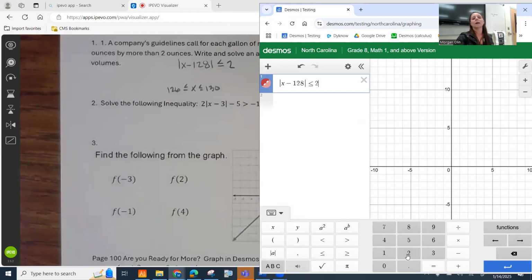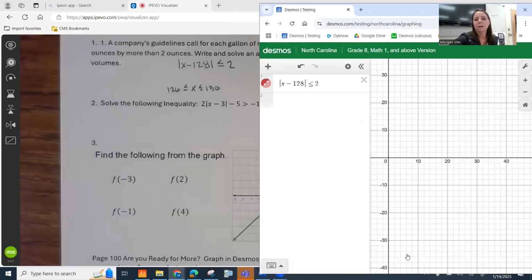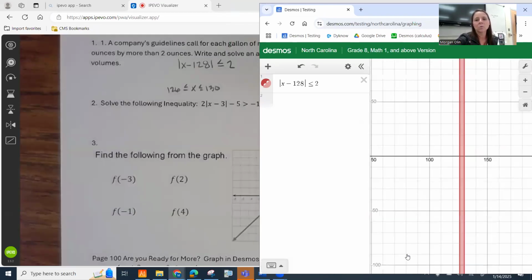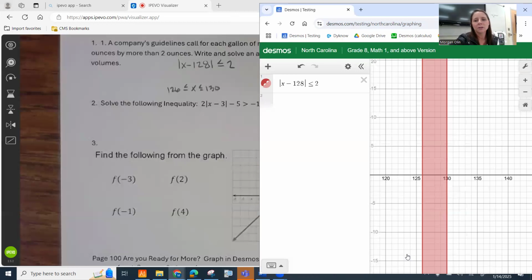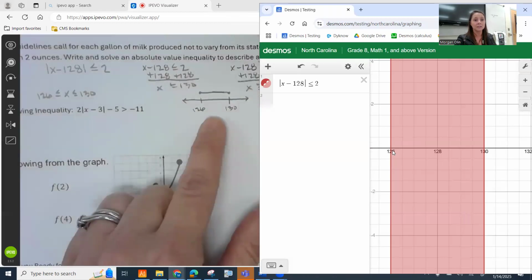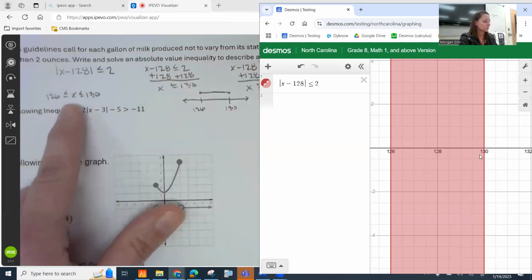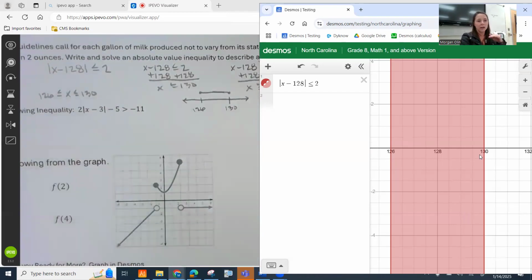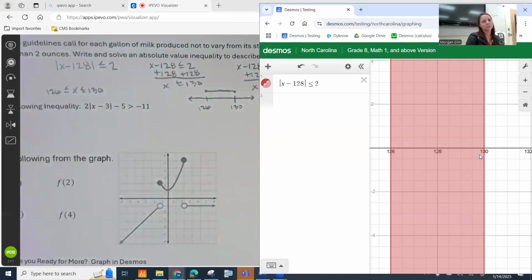Notice 128 is kind of a big number, but you can zoom in and see it. Think about our number line from before. Doesn't this look like that number line? It's in between 126 and 130. When it's a solid line, we use equal to. When it's a dotted line, we take that little bar off the equal to sign.